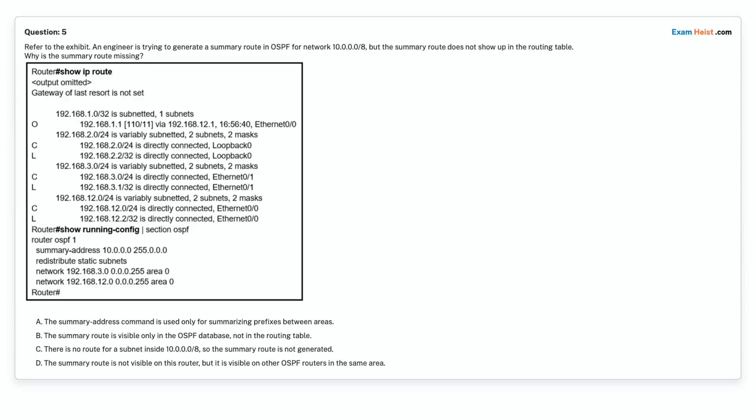Option D. The summary route is not visible on this router, but it is visible on other OSPF routers in the same area. Choose the correct answer. Correct answer is Option C. There is no route for a subnet inside 10.0.0.0/8, so the summary route is not generated.